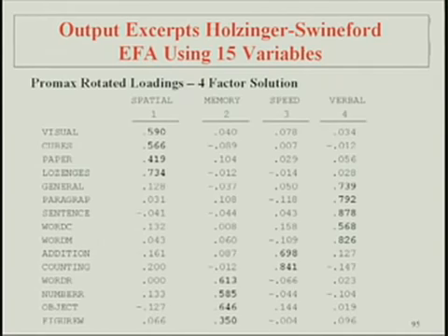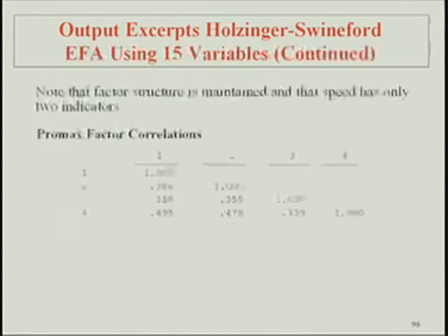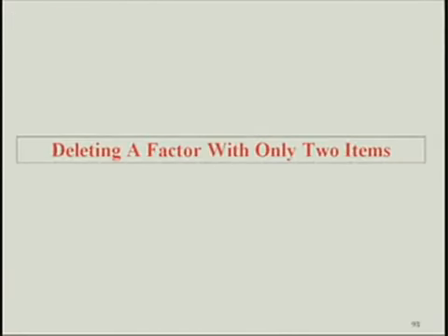Are we going to use some other cross-loading variables that were significant on speed to try to beef this up? Do we have a way of getting some more factor indicators for speed? Or are we just going to give up on speed? And once again, I gave up on speed because I decided I'm such a purist.